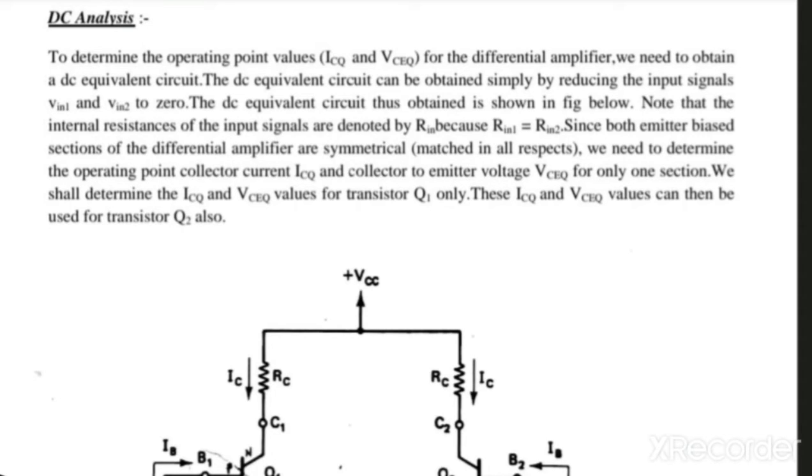Since both emitter biased sections of the differential amplifier are symmetrical, we need to determine the operating point collector current ICQ and collector to emitter voltage VCEQ for only one section. Hence, we will determine ICQ and VCEQ values for one transistor only, and these values can then be used for the other transistor also.